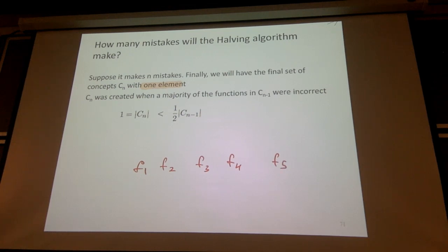Let's say that a new example comes in, and let's say this example is x. It makes a prediction by asking all these functions. Let's say f1 says plus, f2 says plus, f3 says plus, f4 says minus, and f5 says minus. The majority is plus. If the majority is wrong, it gets thrown out, which means it's by definition more than half.